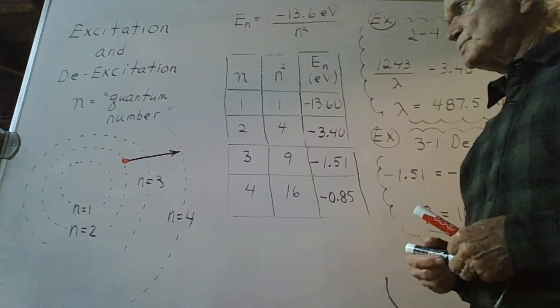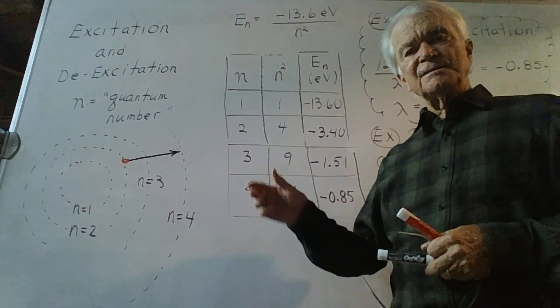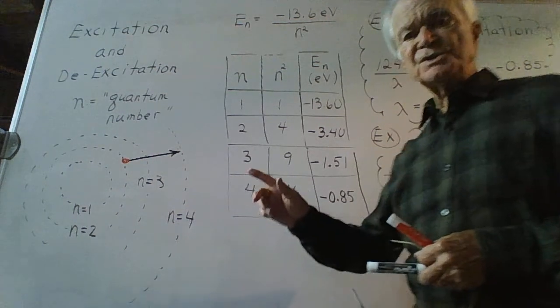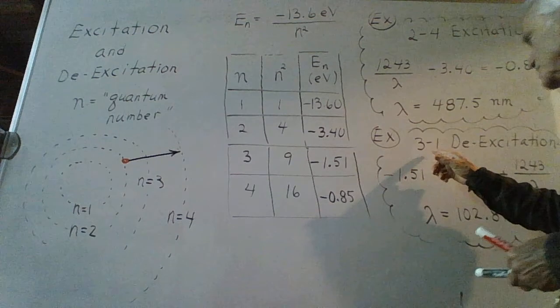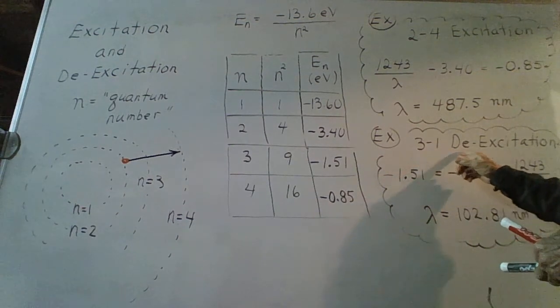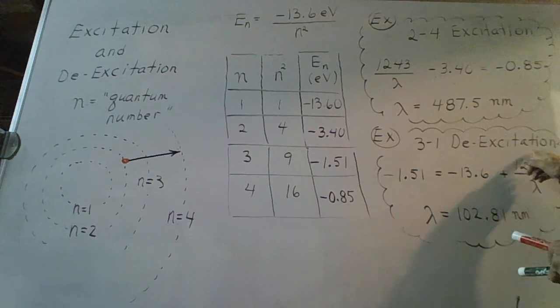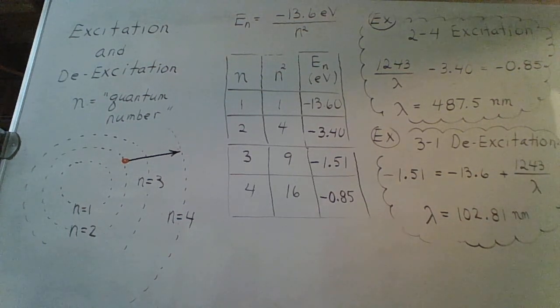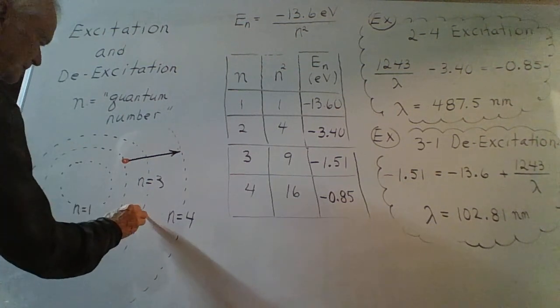But they can also de-excite to some other state, not necessarily to the ground state. We'll consider this de-excitation, the 3-1 transition. Let me illustrate that de-excitation. The 3-1 transition is shown here.